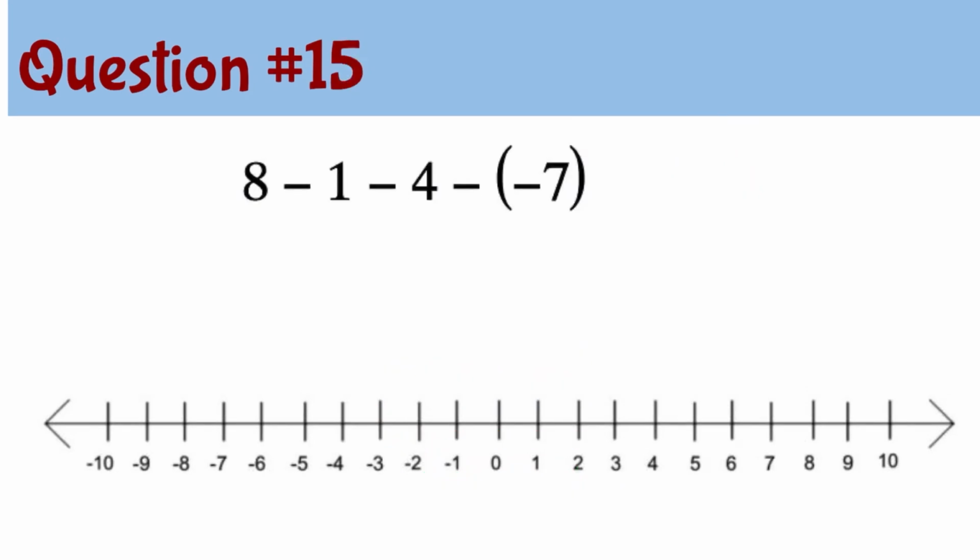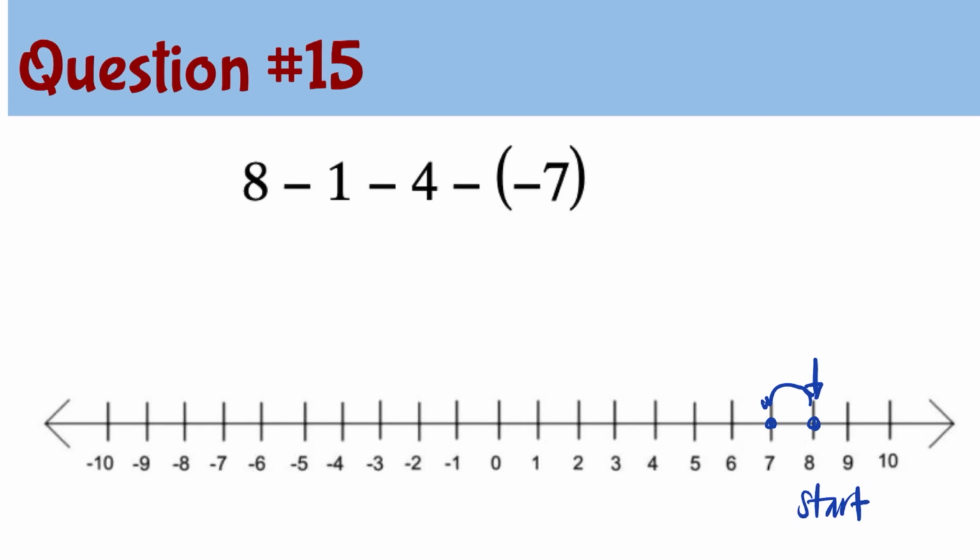Question number 15. 8 minus 1 minus 4 minus negative 7. For this problem, we're starting with positive 8. And from 8, we're subtracting 1, so that means 1 unit to the left, which is now at 7.